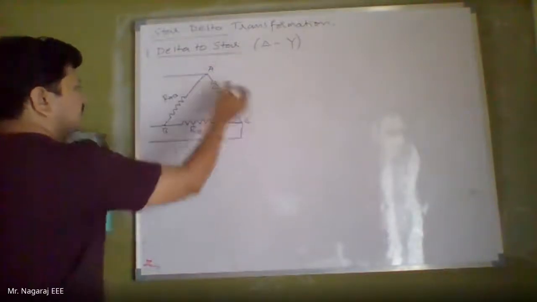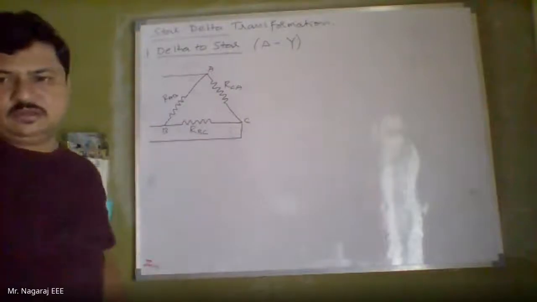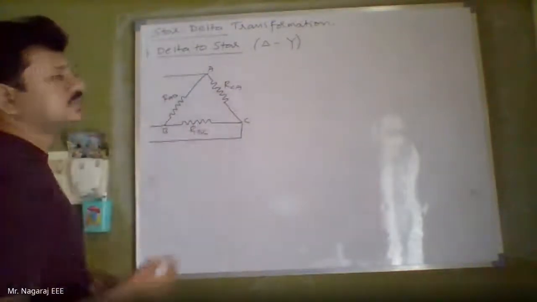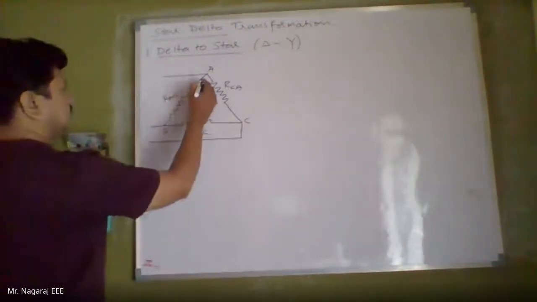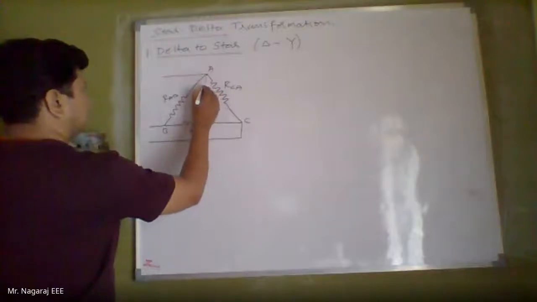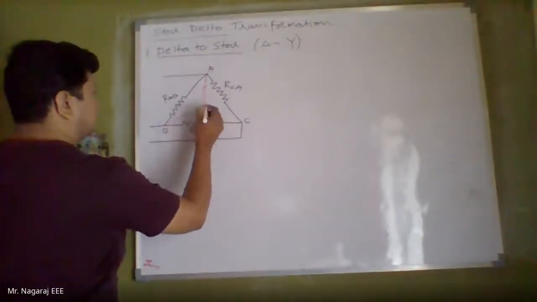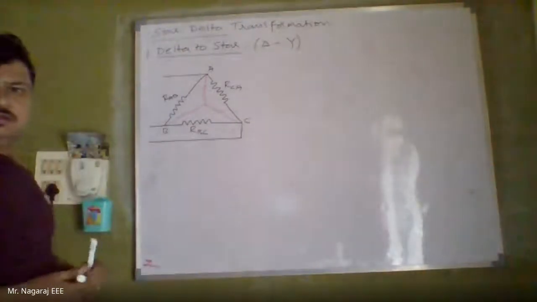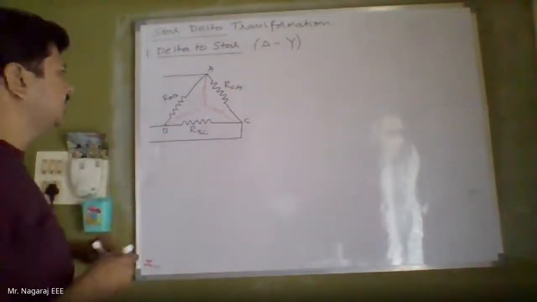I will flow in this direction, from A to B, B to C, C to A. Now I want the equivalent star of this. Red color indicates the equivalent circuit, black indicates the actual circuit.